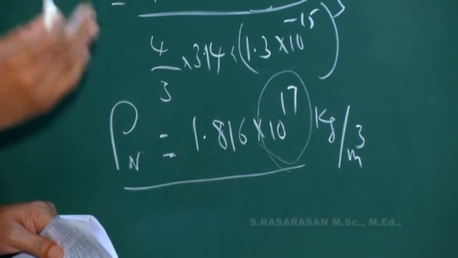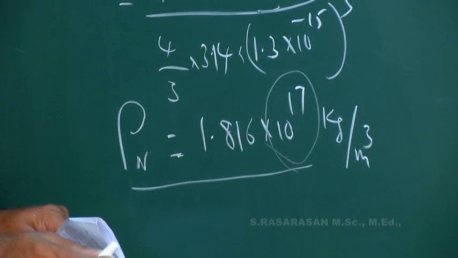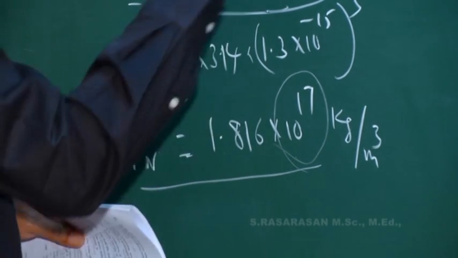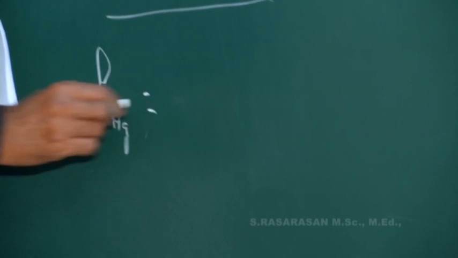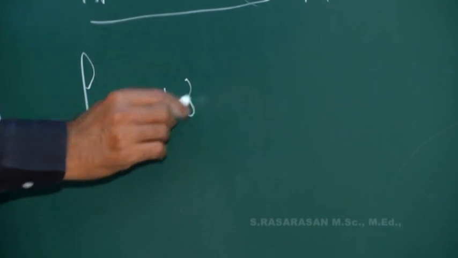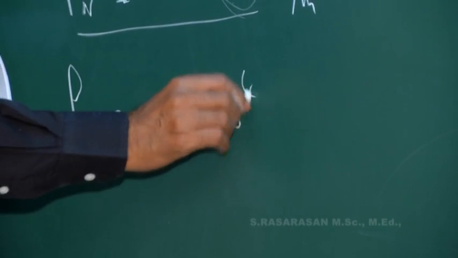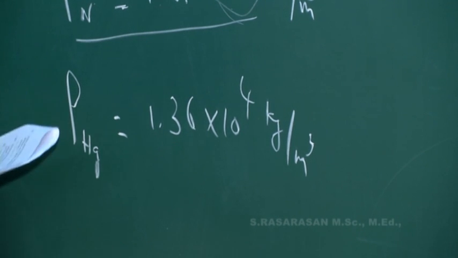And as per our knowledge, mercury is having the highest density, 13,600, that is 1.36 × 10^4 kilogram per meter cube. Yes, now let us come to the aim.